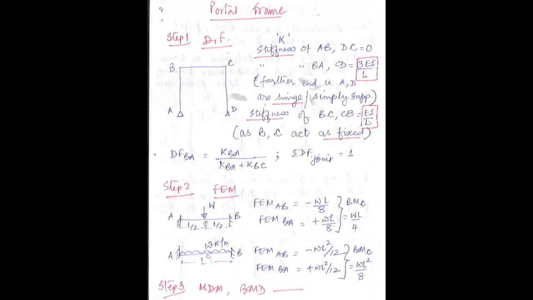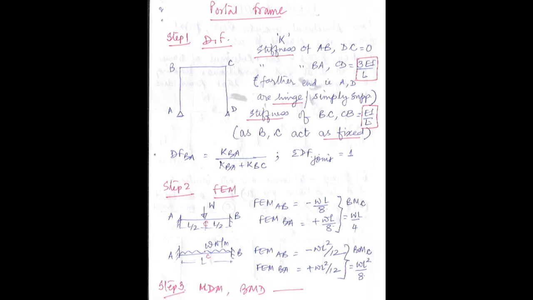Similarly, we can find the distribution factor for BC also. And also remember that the summation of distribution factors for any joint is always 1. We will see this point when we start with the numerical.